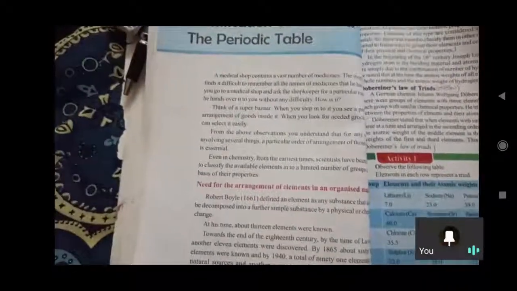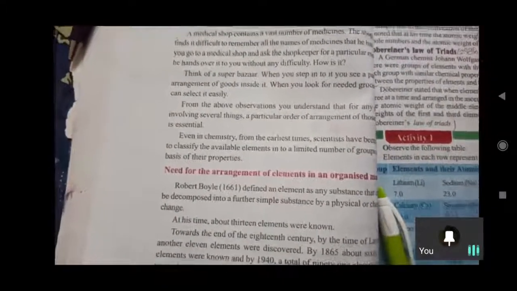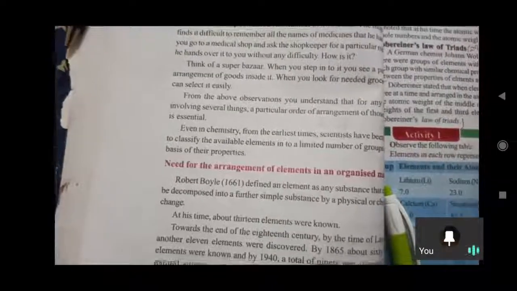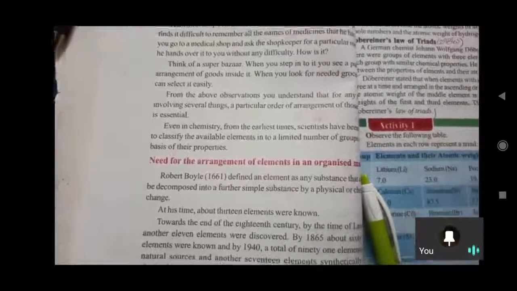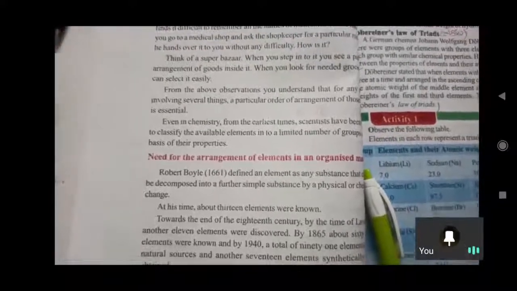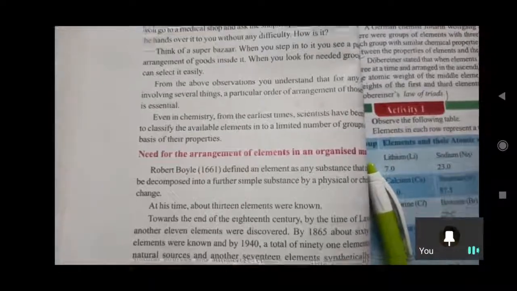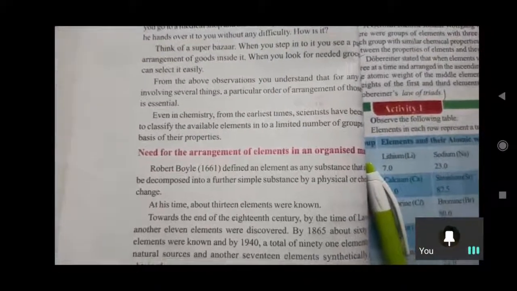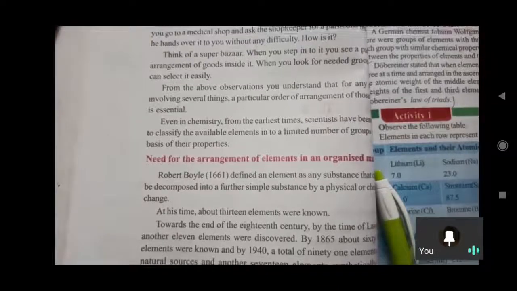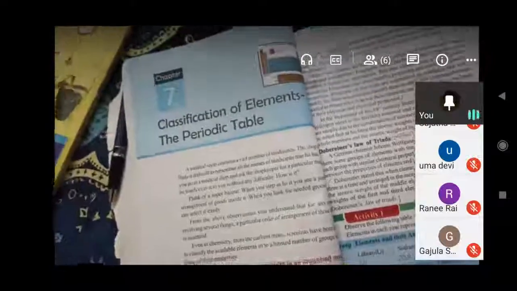Because if we go to a medical shop, at that time how will the person give medicines to us without this grouping, organization, classification, arrangement? How can we identify all medicines? For example, in the medical shop they keep medicines according to an arrangement order. Now we need a classification in that manner.